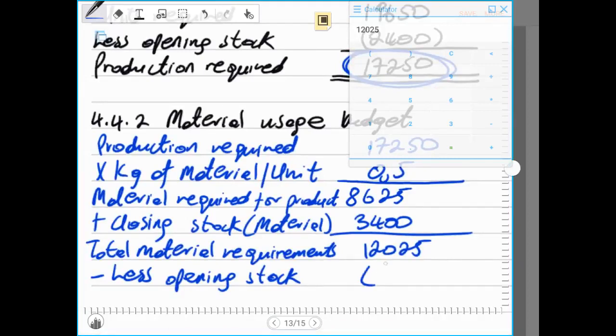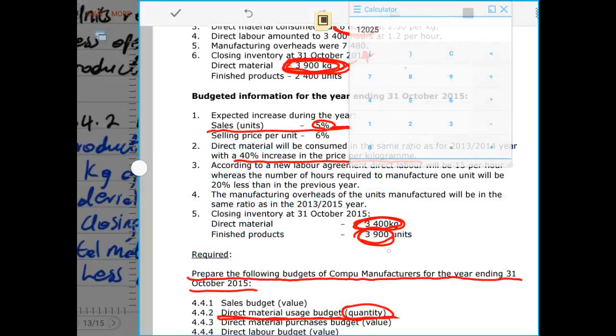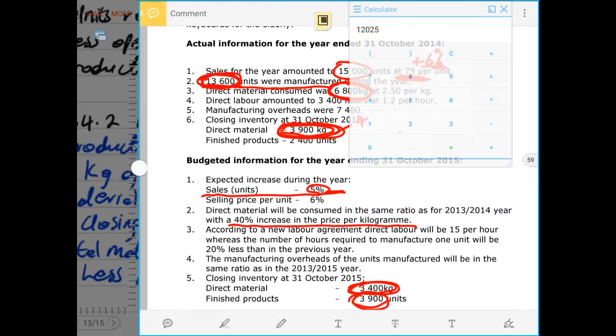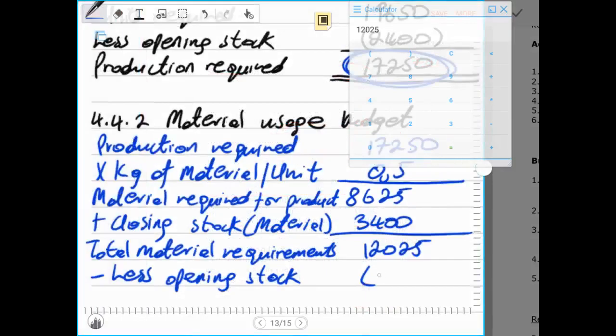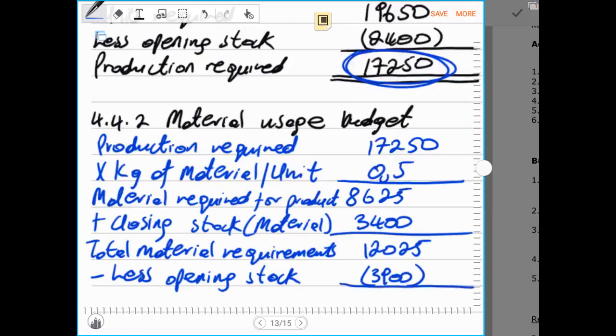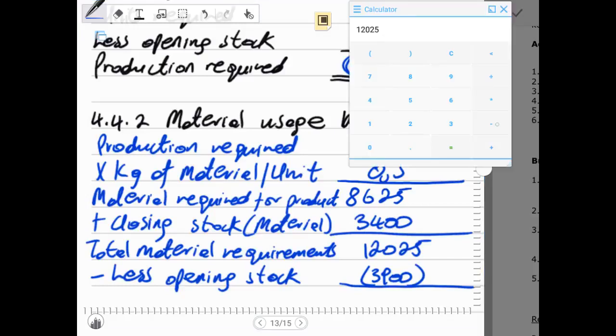Our opening stock is given as an amount of 3,900. There is our opening stock, and we subtract the 3,900. Then after we draw the line at the end, immediately when you draw the line, you calculate the balance minus 3,900.